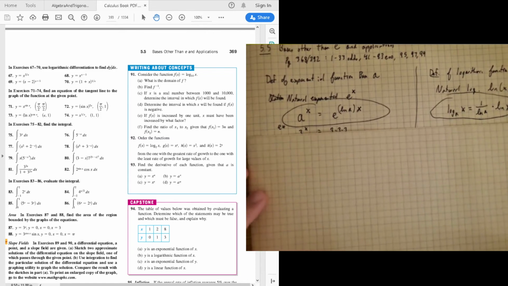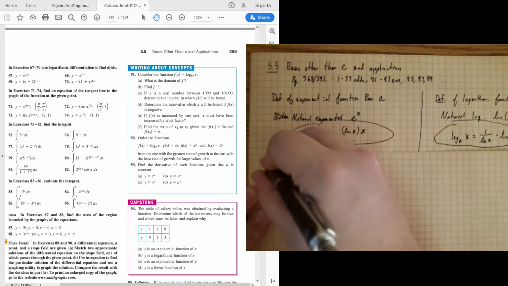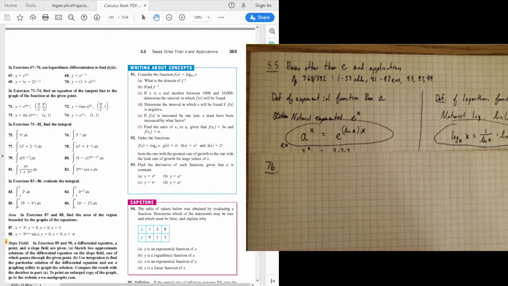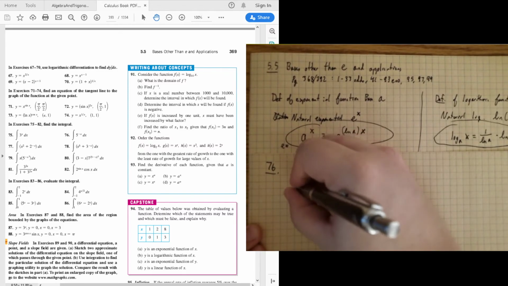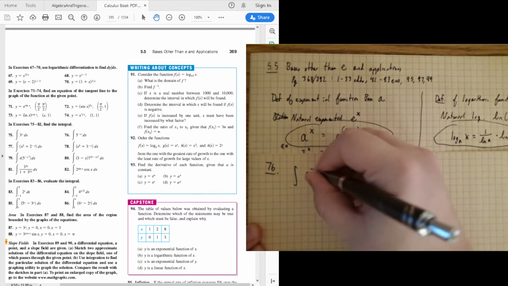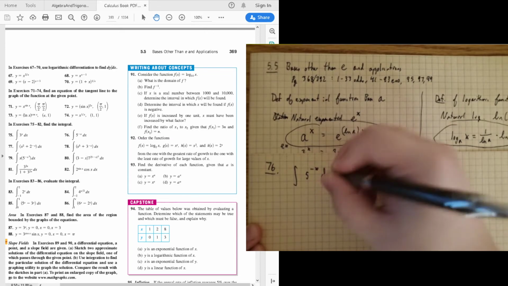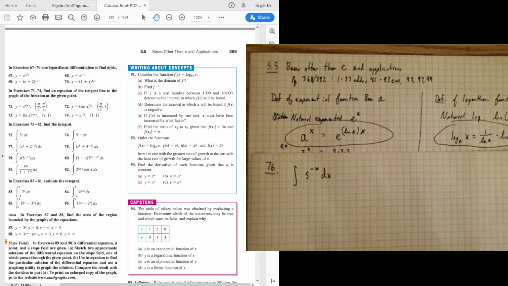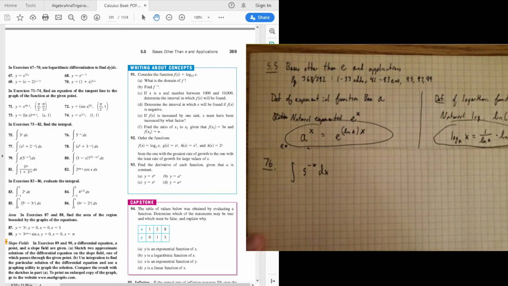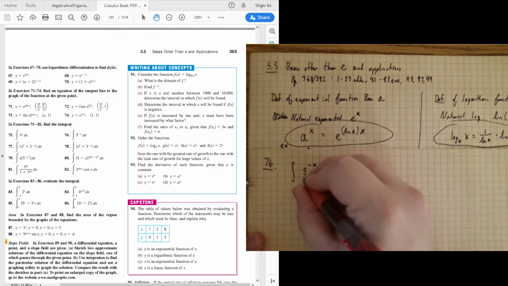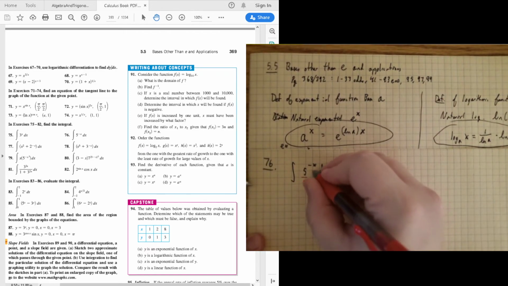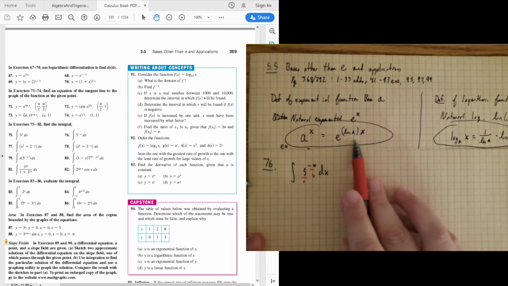Okay, so 76. We have the integral of 5 to the negative x power dx. So what I'm going to do here is this is going to be my a, this is going to be my x, and I'm going to just plug those into this other form.